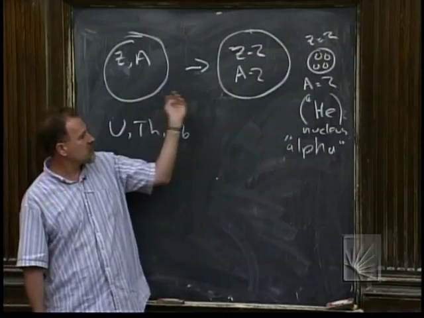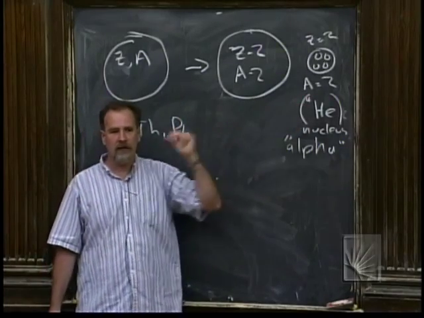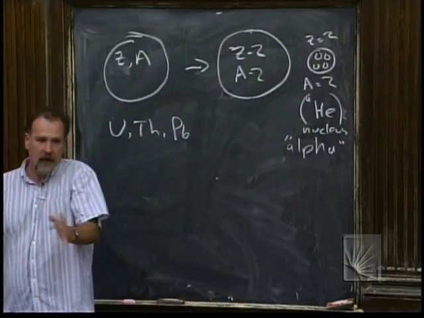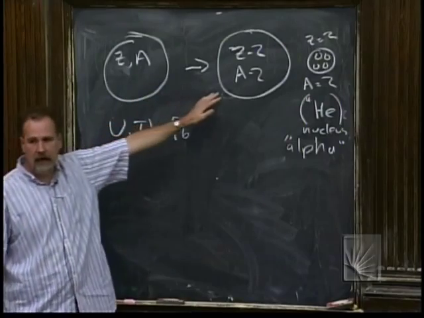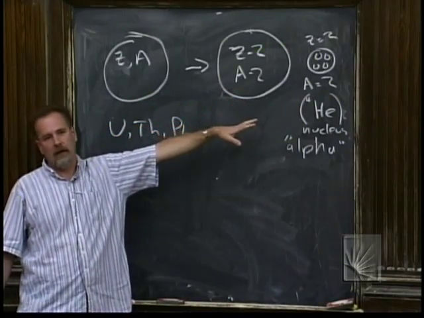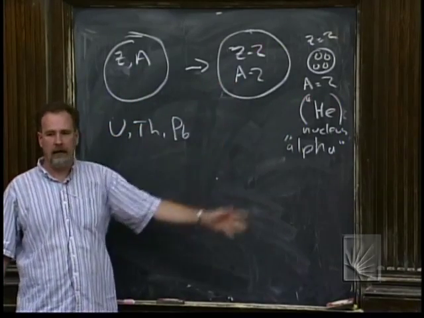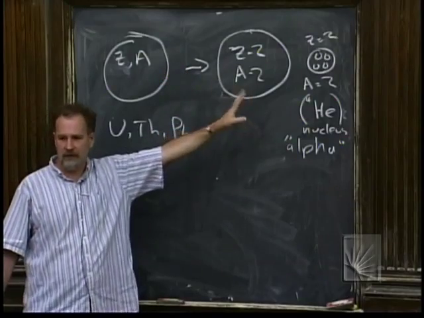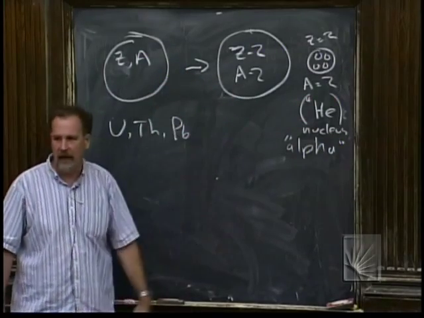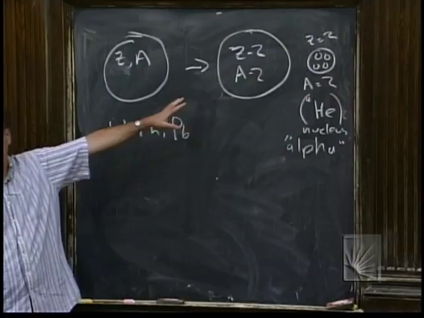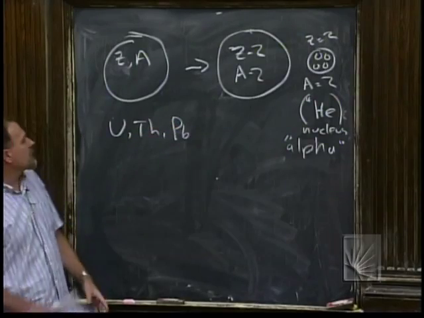But you might ask, if this is energetically favorable, why doesn't it just happen right away? And it doesn't happen right away. For the case of uranium-238, the half-life, which means how long it takes on average for something to decay, is roughly 4 billion years. So why doesn't it happen right away?